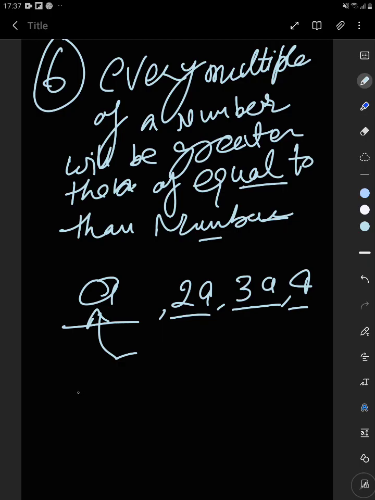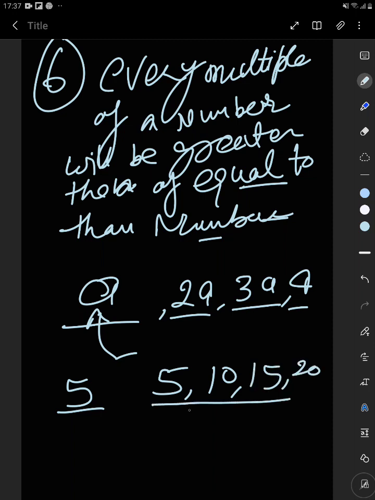For example, let's take the number 5. Multiples of 5 will be 5, then multiplied by 2 is 10, multiplied by 3 is 15, and so on. Each of these will be either equal to 5 or greater.